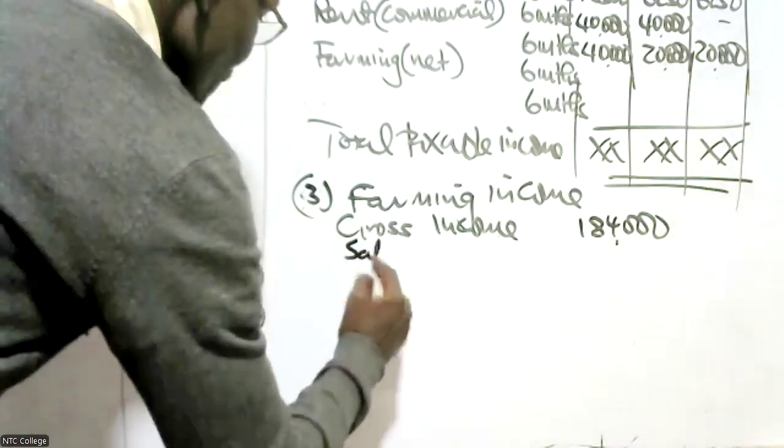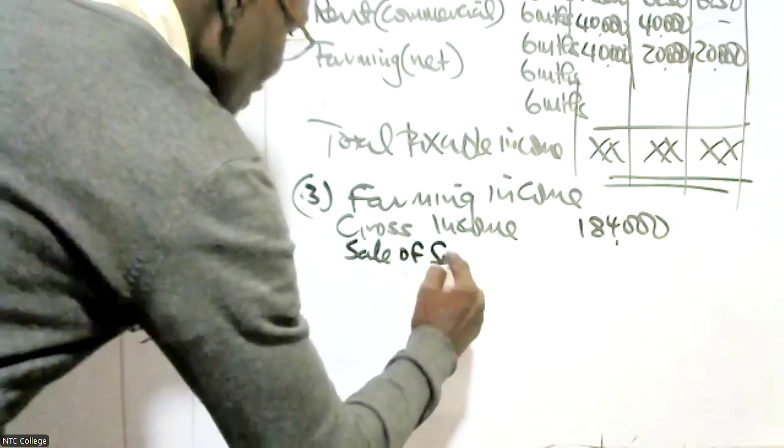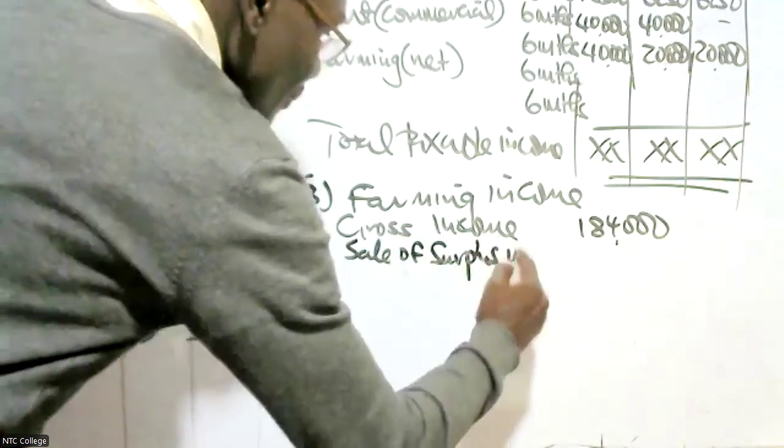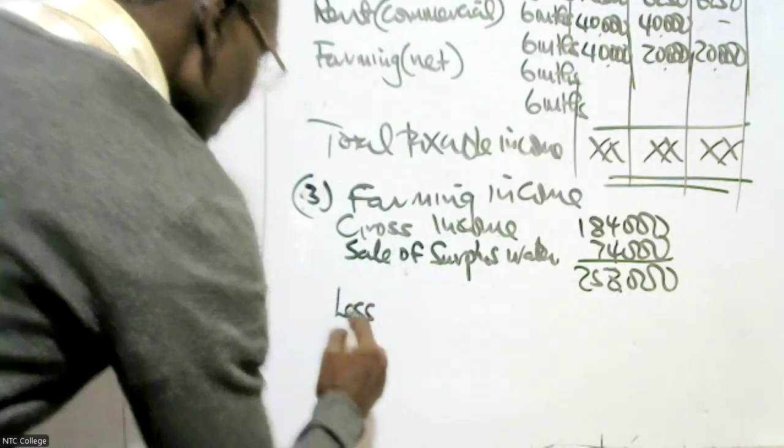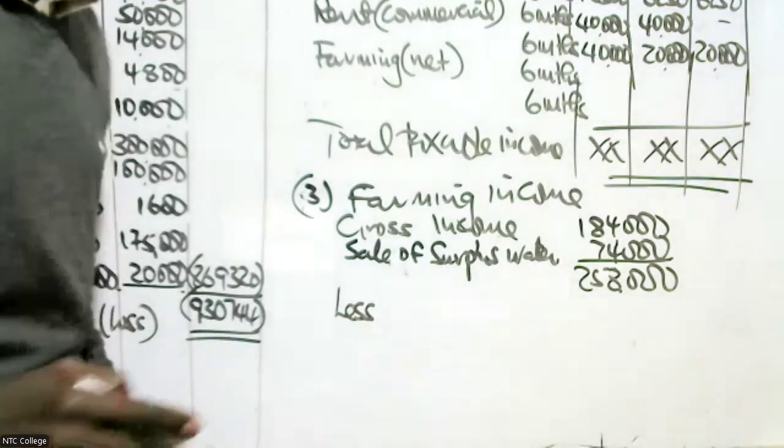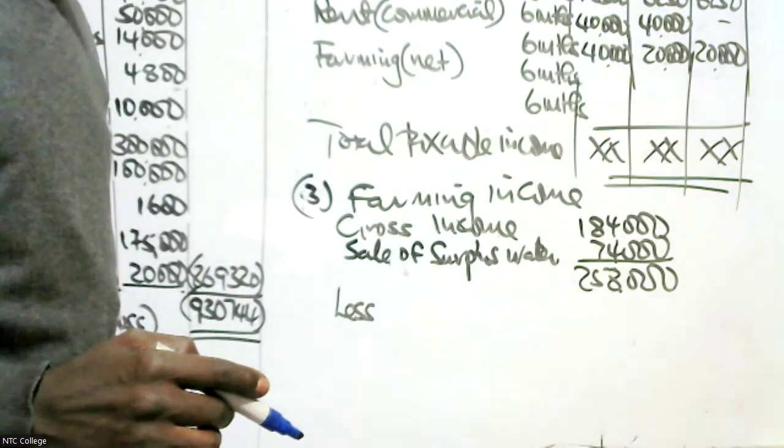So sale of surplus water, another 74,000. If you add this, you get 258,000. Then we will lessen. First of all, you remember the machine which had been installed.